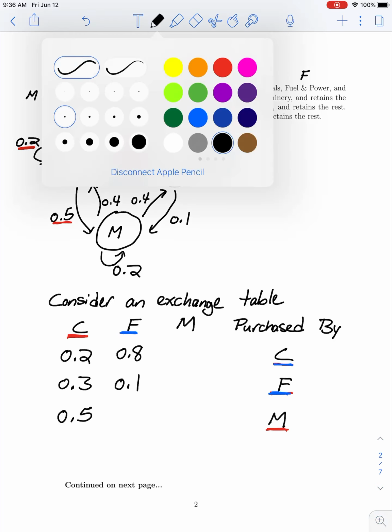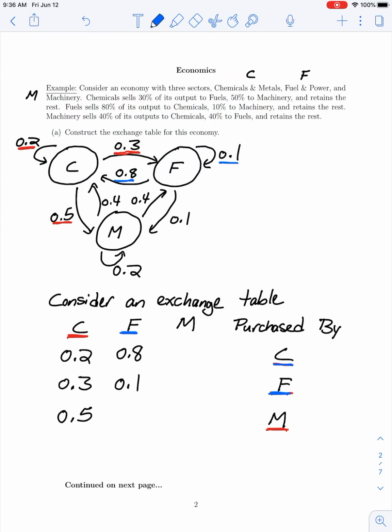And from fuel and power to machinery, we also had 0.1. So again, notice that the entries in this column have to sum to 1, so that 100% of the output is accounted for.